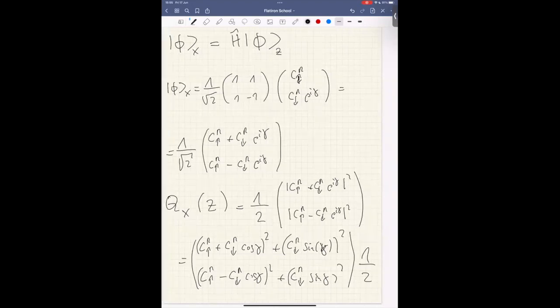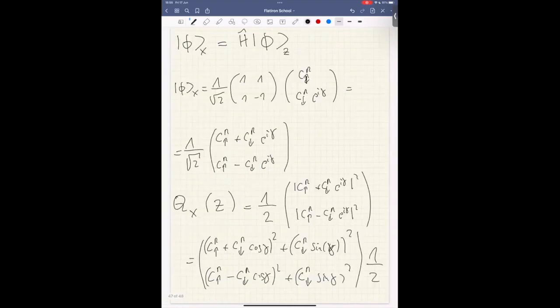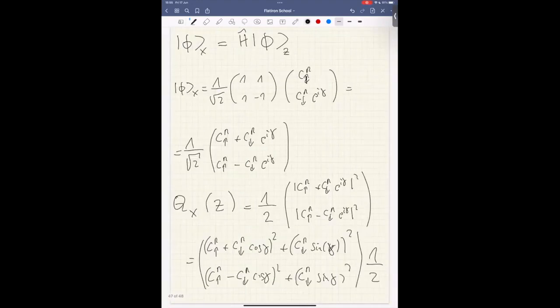Okay, maybe let's do it. So I get 1/2, and then I get C up R squared, then I get the cross product.